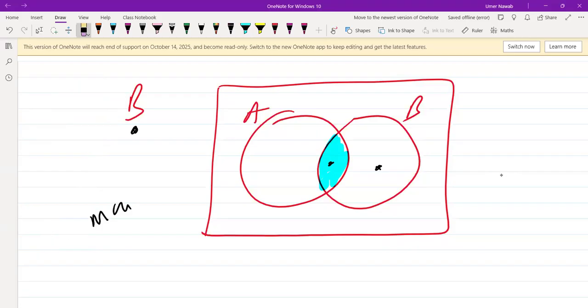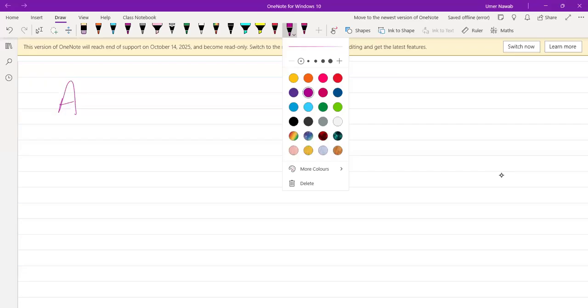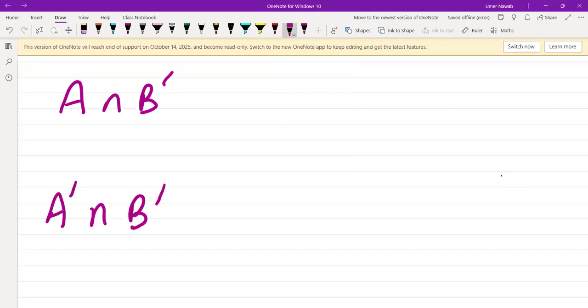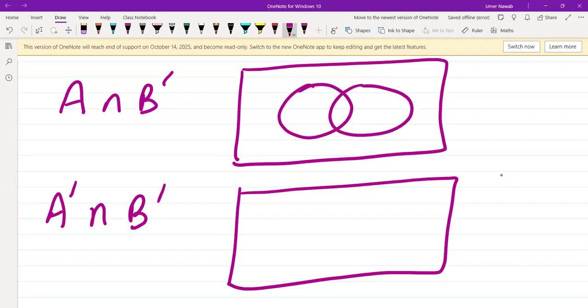Now, I'll draw two diagrams. If I have A intersection B complement, and if I have A complement intersection B complement, why not? We can look at their Venn diagrams and which region I have to shade. This is the universal set.